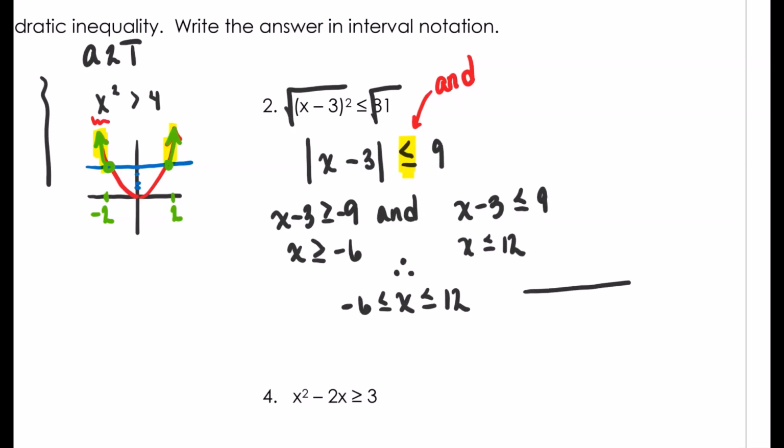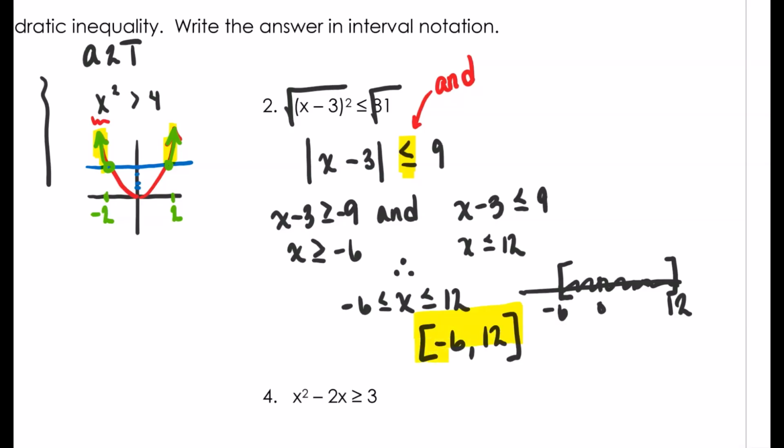My number line, all right, so here's 0, so let's say this is negative 6, so then 12 would be here. So then I'd have a hard bracket on negative 6, a hard bracket on 12, and then the region in between. So then in interval notation, it's a hard bracket for negative 6 and a hard bracket for 12, and that's the final answer here in interval notation.